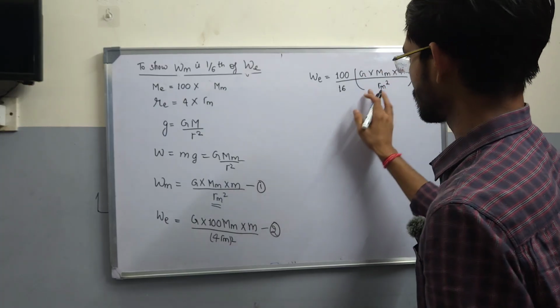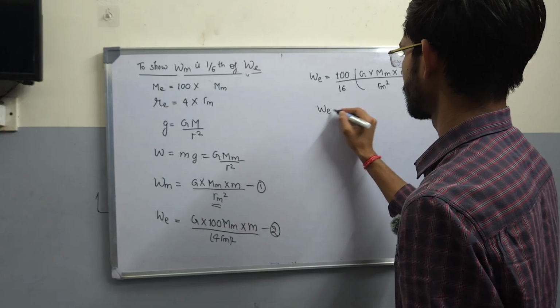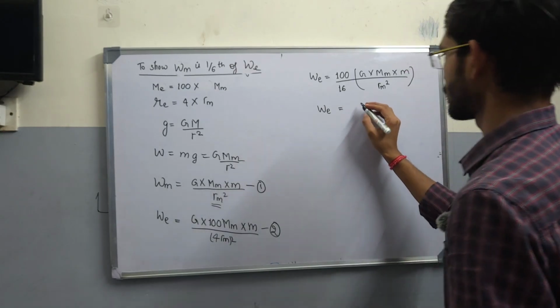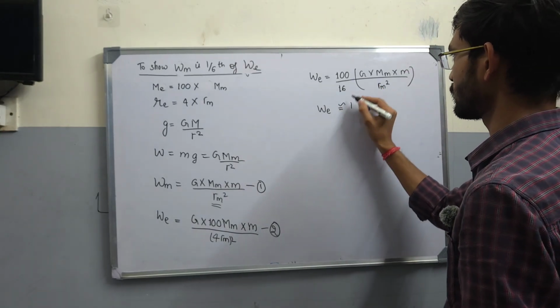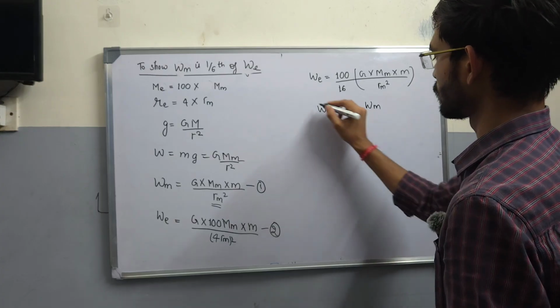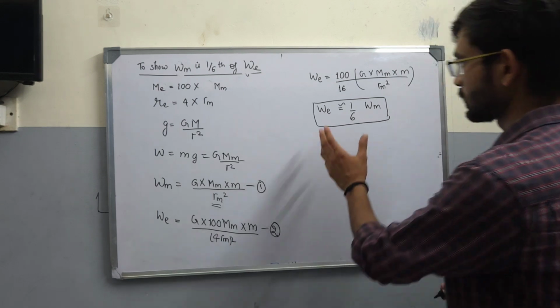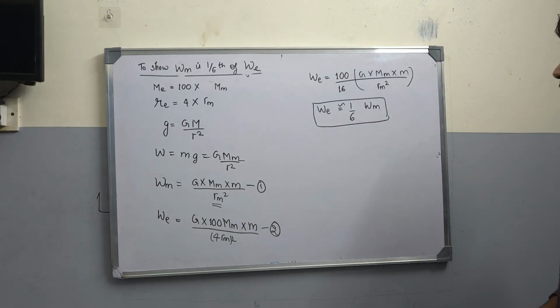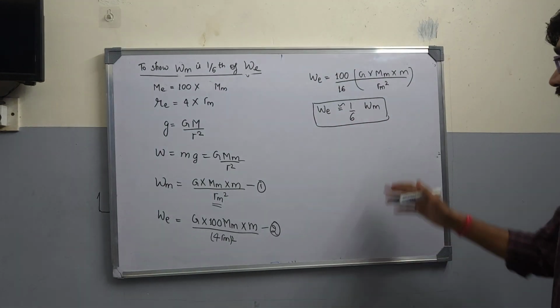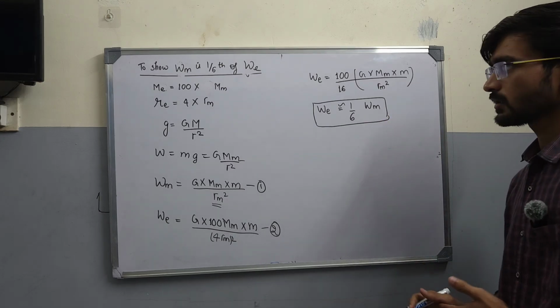You can see this quantity is weight of moon. This is around 1.6, 1 by 6, and this is weight of moon. So from here it is clear that weight of moon is 1 by 6th of weight of a body on earth.